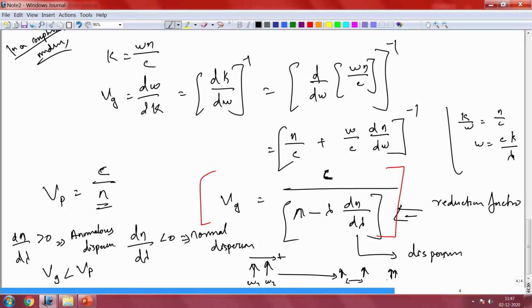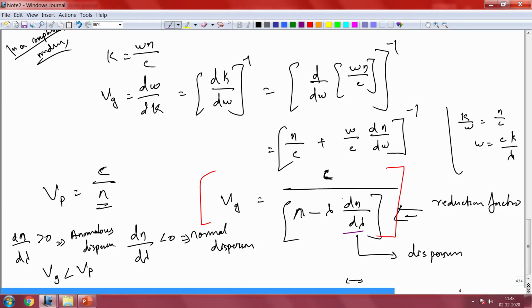So these are the two possibilities, and bringing them closer or putting them far apart depends on whether this slope is positive or negative, as we just discussed, whether you are in normal dispersion or in anomalous dispersion. All right.